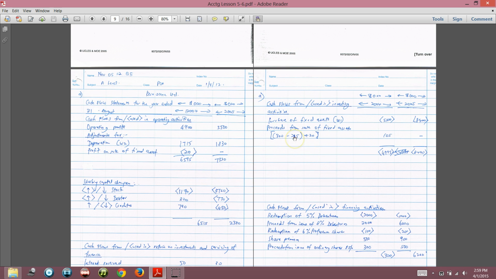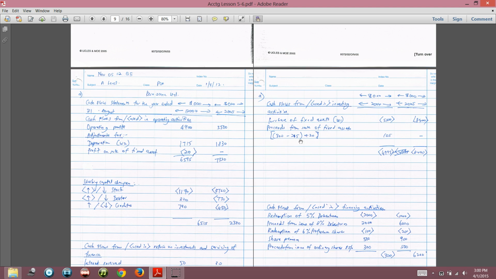Okay, so then what is the money coming in from the sale of the fixed asset? Under additional information number 1, the cost of the plant that was sold is 300. The accumulated depreciation of the plant that was sold is 215. So the net book value is 300 minus 215, which is 85,000.